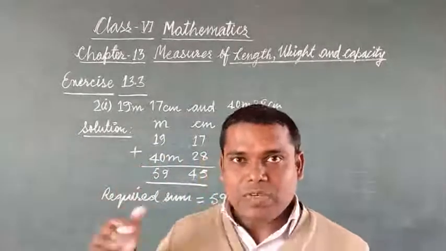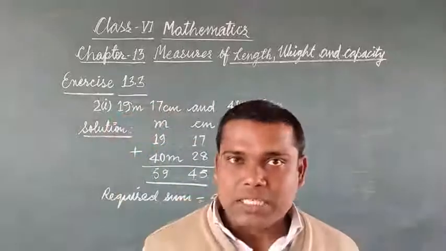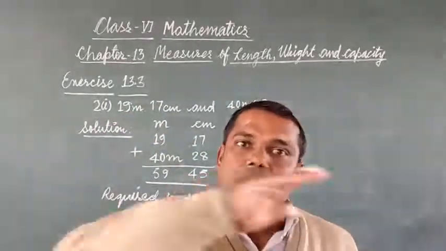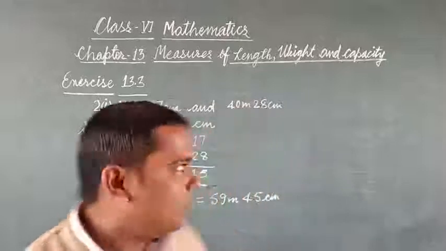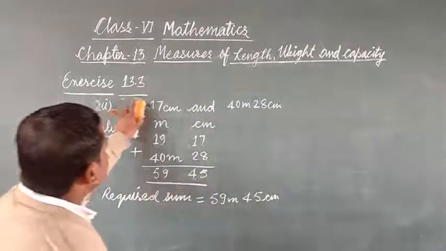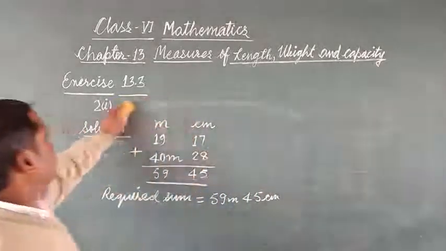We write in the same way, but on top we write kilometer and meter. We will write the bigger quantity up and the smaller quantity lower.